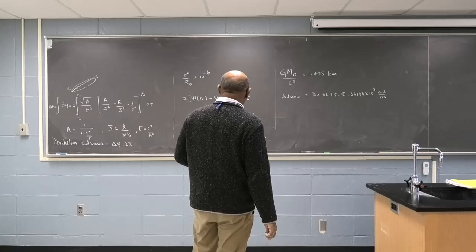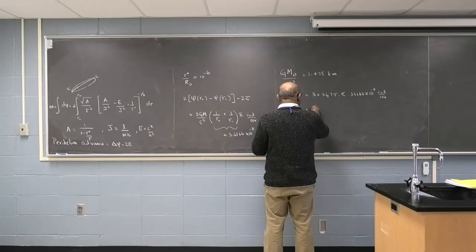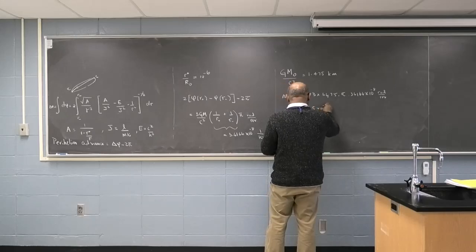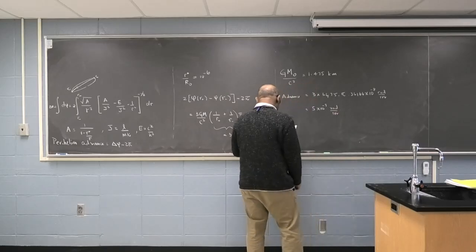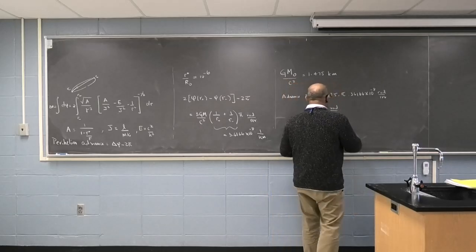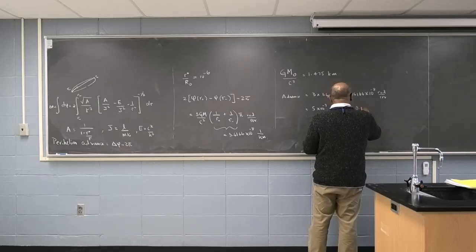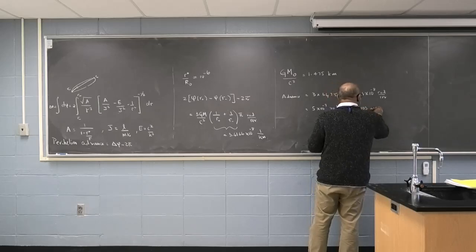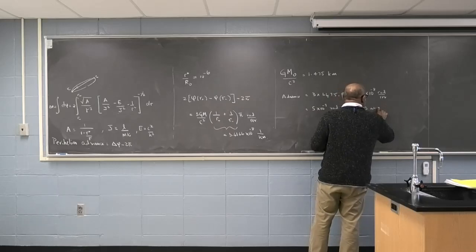It's going to be this, and this is 5 times 10 to the minus 7 radians per revolution. This is too small a number, so you would convert this to arc seconds, and I would get 0.103 arc second per revolution.